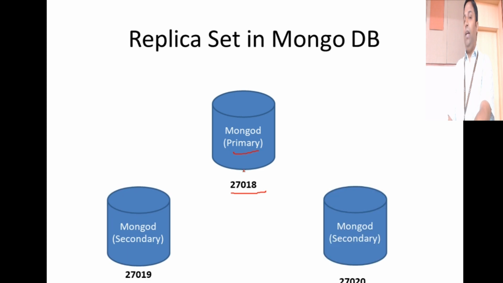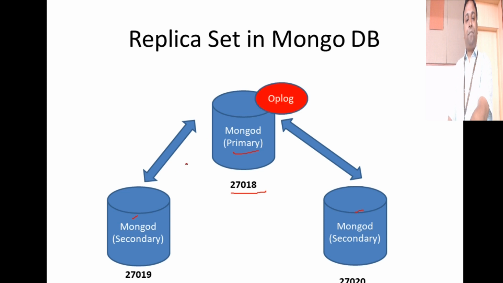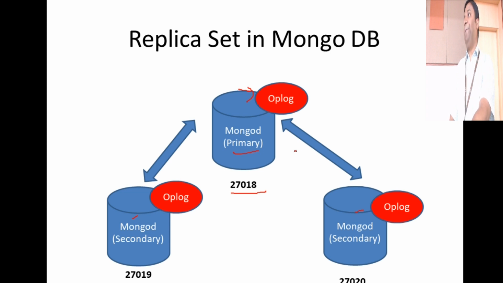The other two secondary servers are two separate MongoDB instances listening on port numbers 27019 and 27020. What do you mean by a MongoDB instance? You can connect to a MongoDB using a Mongo shell and communicate with it. And as I told you, whatever changes you make to the primary's data will be logged in the oplog collection, and that will be used by the secondaries to update their data.